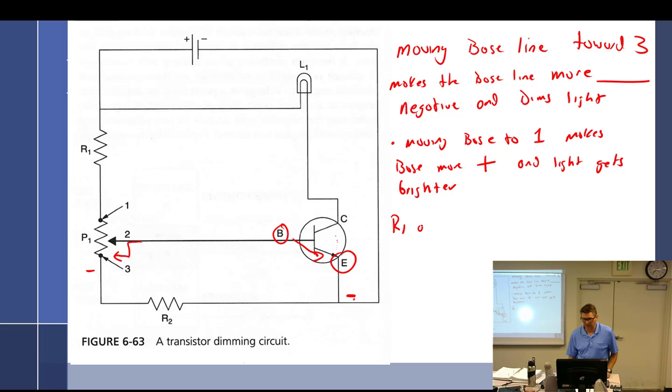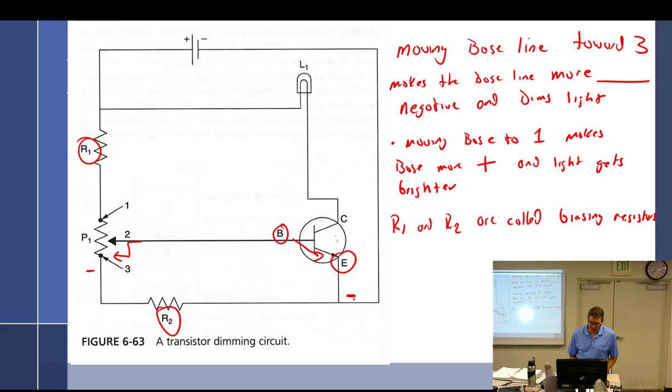R1 and R2. Why are they there? They are called biasing resistors.